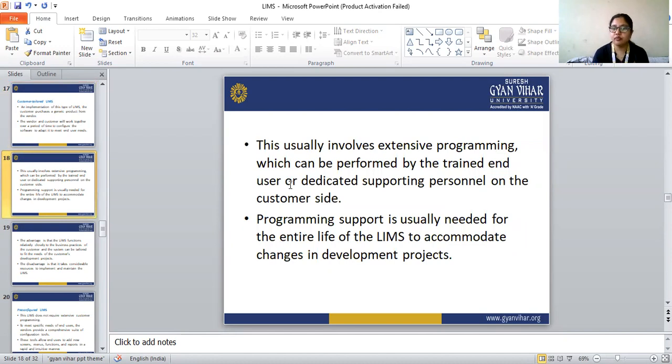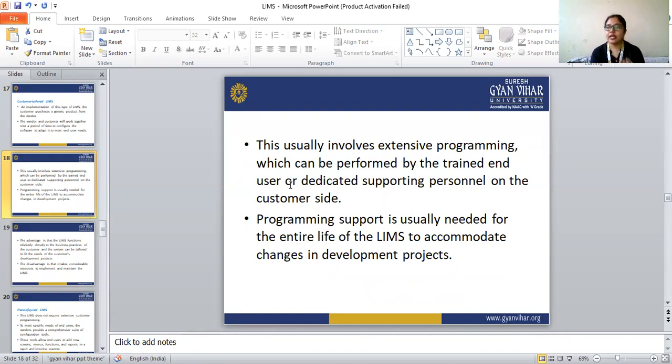This usually involves extensive programming, which can be performed by the trained end user or dedicated supporting personnel on the customer side. The person who is going to use that particular LIMS must be trained.